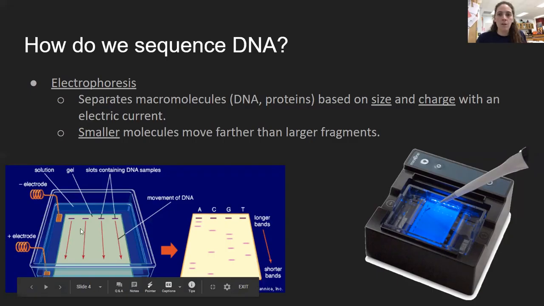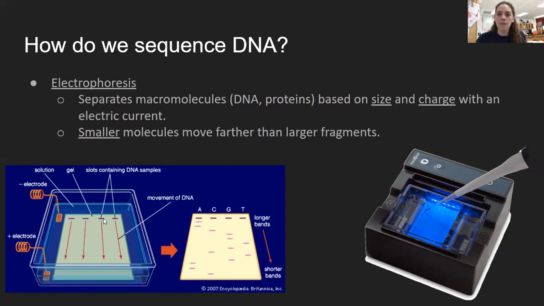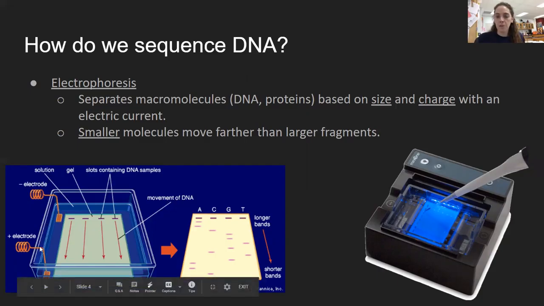So we have our solution here, which helps with our electrical conductivity, our gel, and then little pockets or slots in our gel containing our DNA samples. So the samples get put in the wells. Then we turn on the electricity, and we're going to have a negative electrode and a positive electrode.